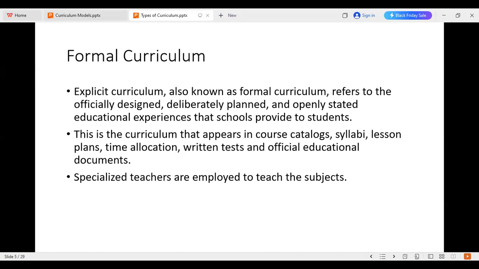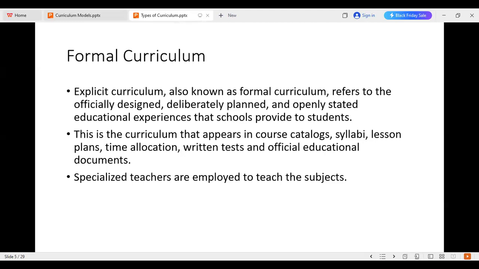they have completed nearly 80-90% of the curriculum. Official curriculum approved by the government, deliberately planned. Last 4-5 years they have been planned and openly stated.